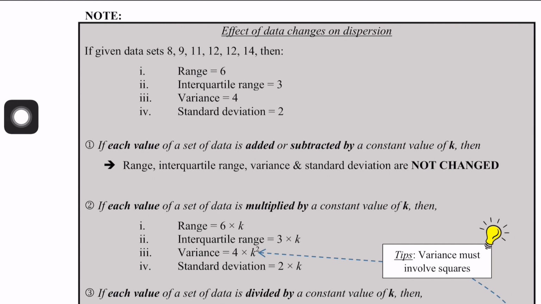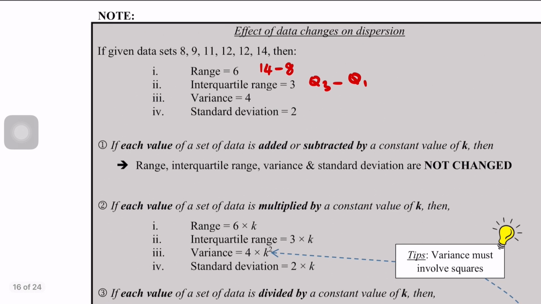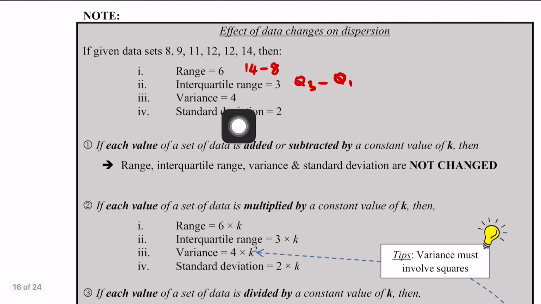Highest value minus lowest value, for example 14 minus 8. Then the interquartile range is the third quartile minus the first quartile. For the variance and standard deviation, you can calculate using the formula from the previous class.